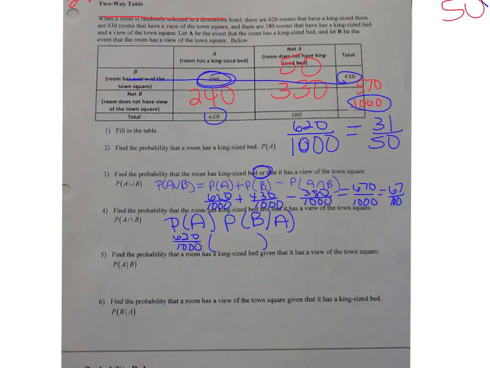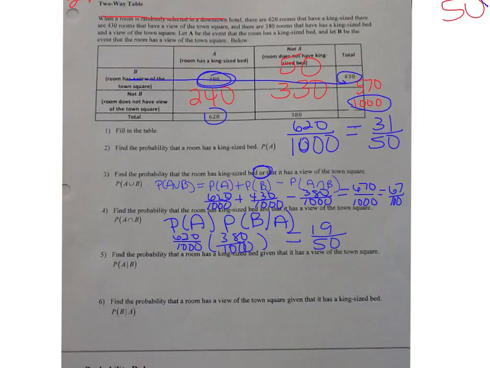Okay, given A. I want the probability that it's a room with a view of the town square, given that it's a king-size bed. So that's 380 over 1,000, which you can plug in your calculator, and it reduces to 19 over 50.